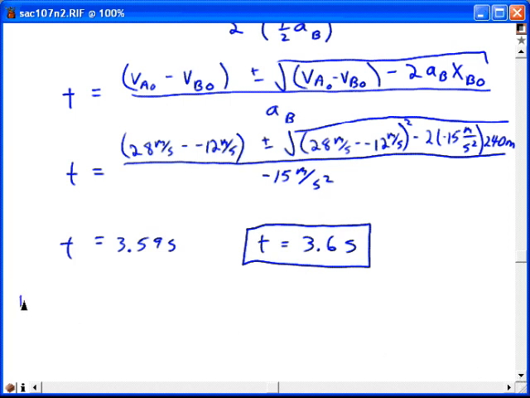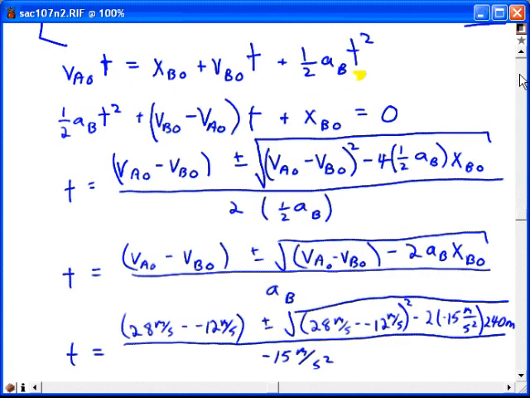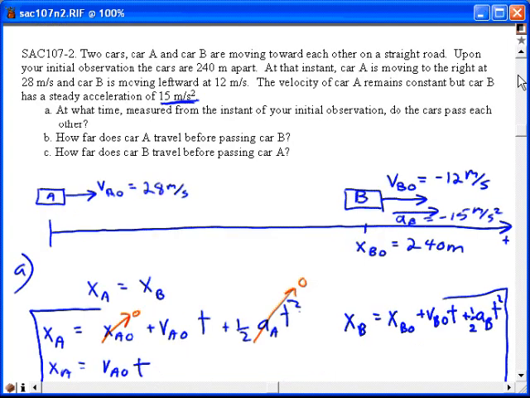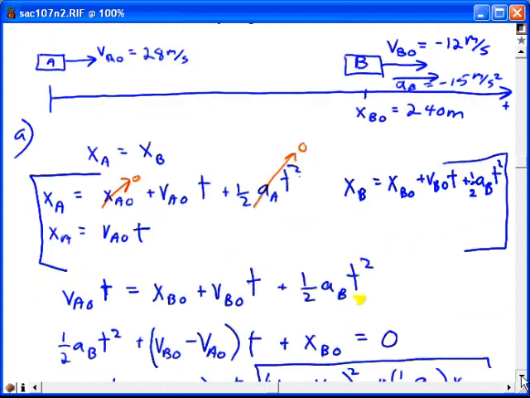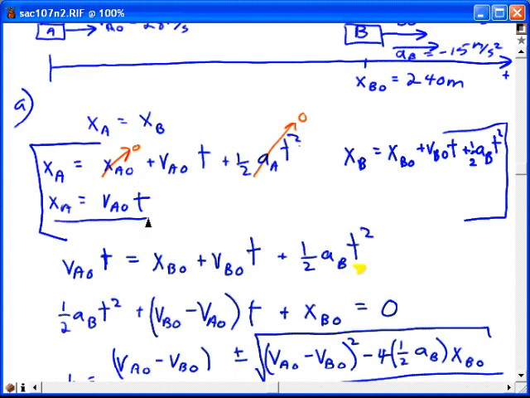Okay, in part B, we want to know where XA, or car A, is at that particular time. And our expression for XA is right up here.